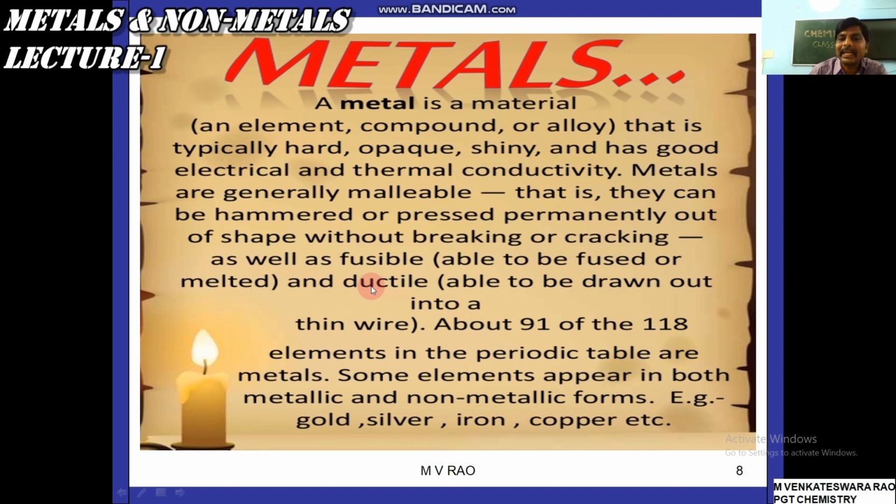What is meant by ductile? Able to be drawn out into a thin wire. About 91 out of 118 elements in the periodic table are metals. Some of the elements exhibit both metallic and non-metallic forms.